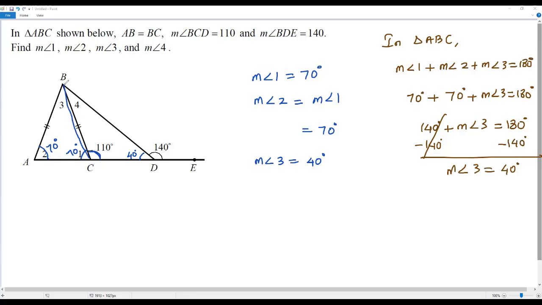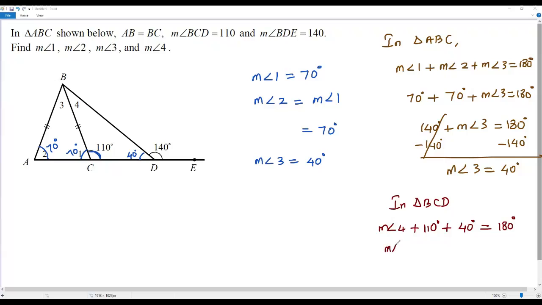Now let's consider triangle BCD. In triangle BCD, we have angle 4 over here, the other interior angle measure is 110 degrees, and the third interior angle measure over here is 40 degrees. These are the three interior angles of triangle BCD, and they must add up to 180 degrees according to the angle sum property of a triangle. Now we solve for angle 4.